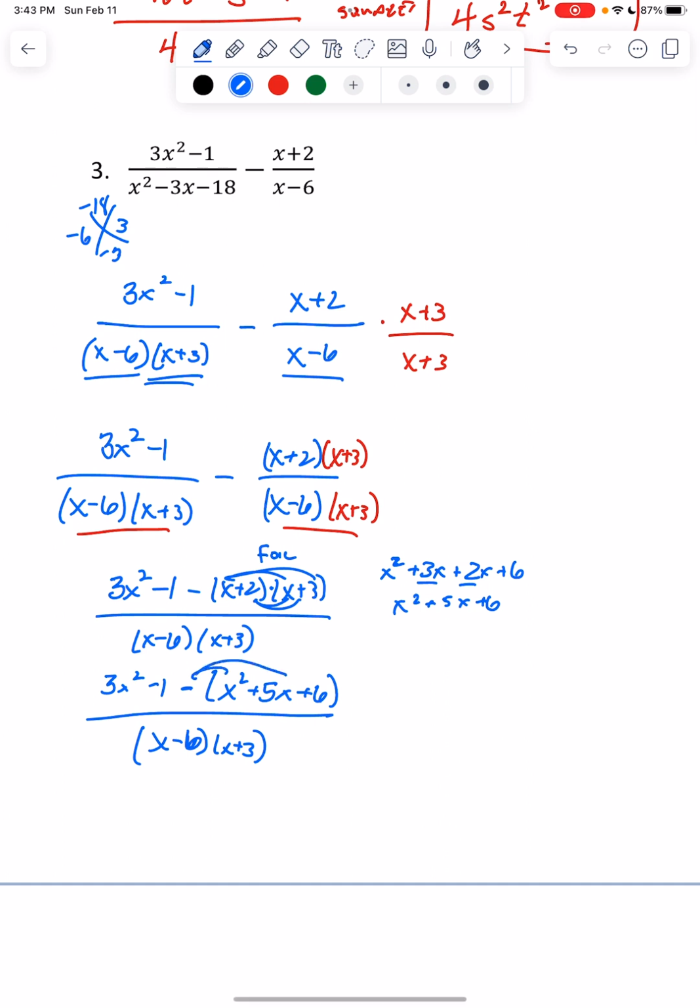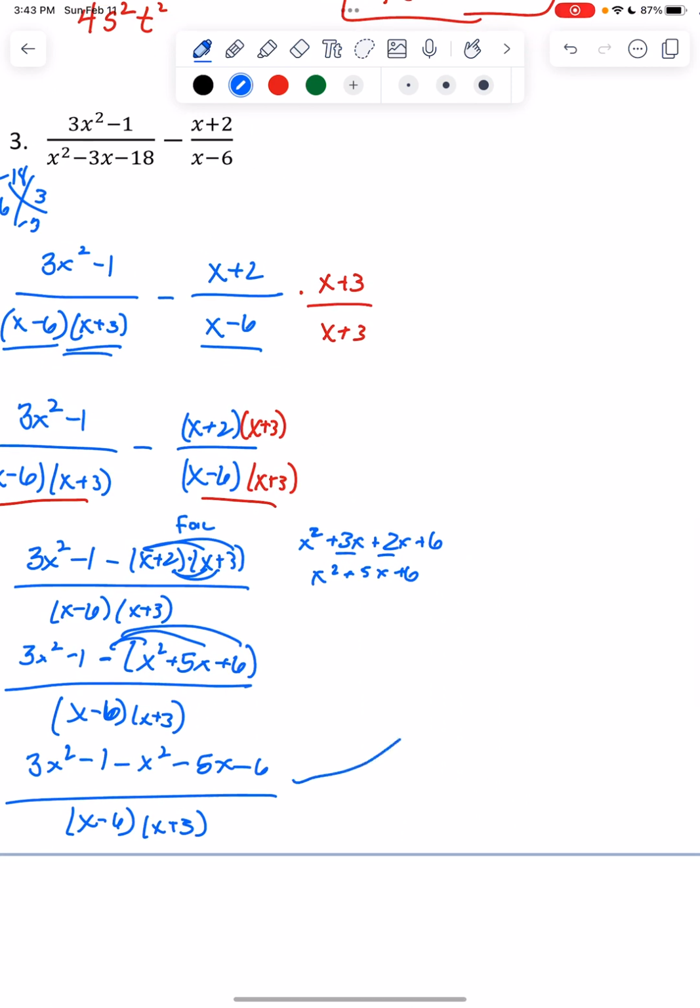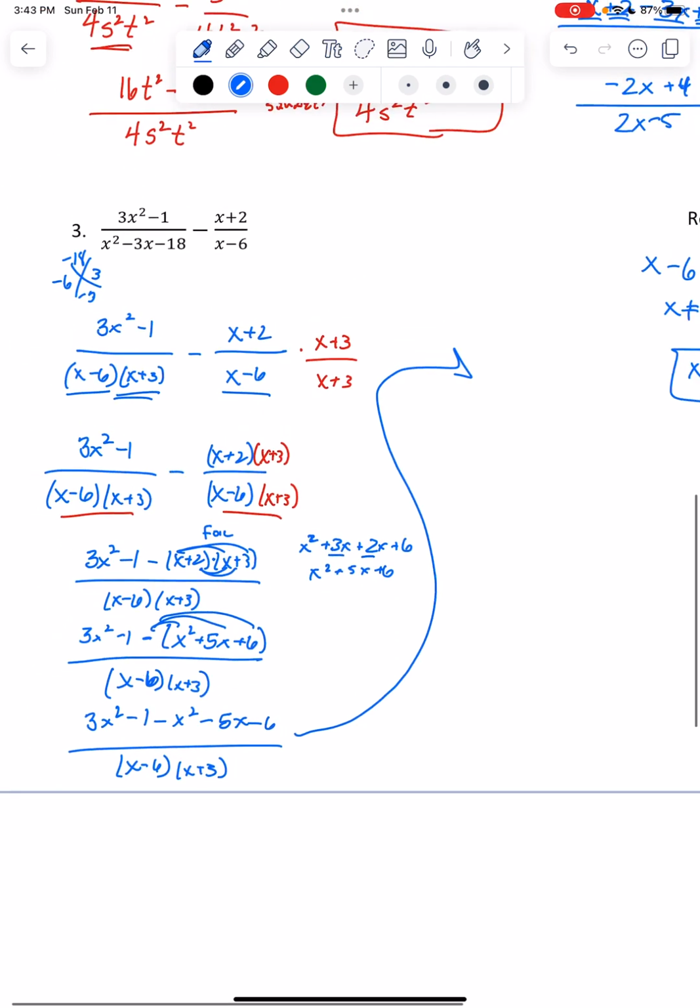Now, we've got to distribute that negative. So we got 3x squared minus 1 minus x squared minus 5x minus 6 over x minus 6, x plus 3. Okay? So if we combine like terms here, 3x squared minus x squared is 2x squared.